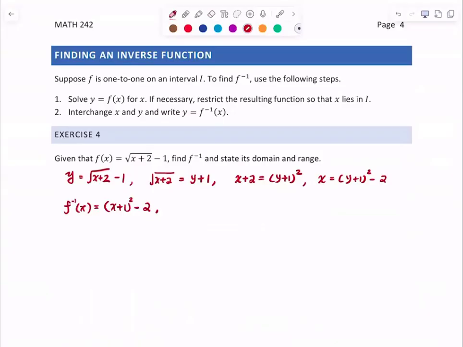f, right? So what's the range of f? Well, the square root has to be what? Greater than or equal to 0. You subtract 1 from it, so that means the image is always going to be greater than or equal to negative 1.